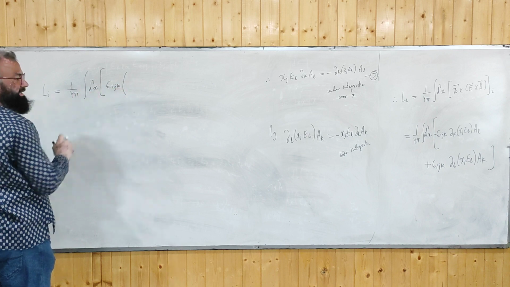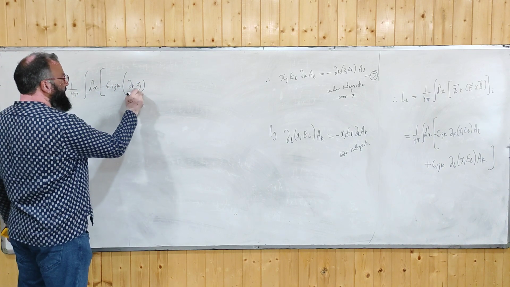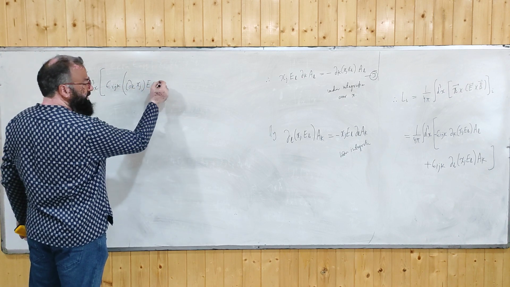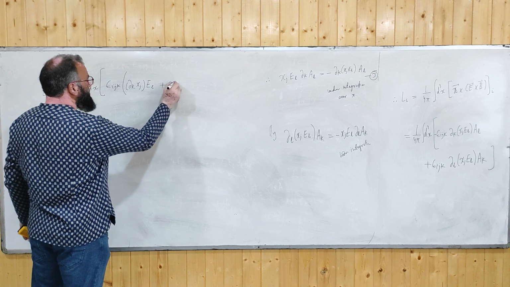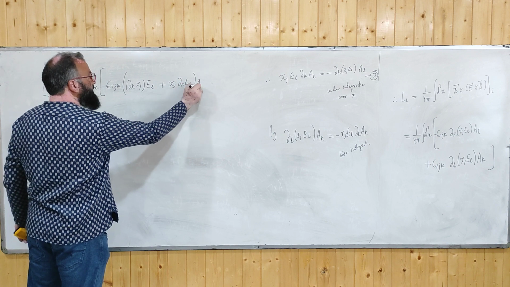So now differentiate that. You are having partial k x j, then you are having E l, and you are having A l also there. Let me write this thing: x j partial k E l, then you are having this A l.